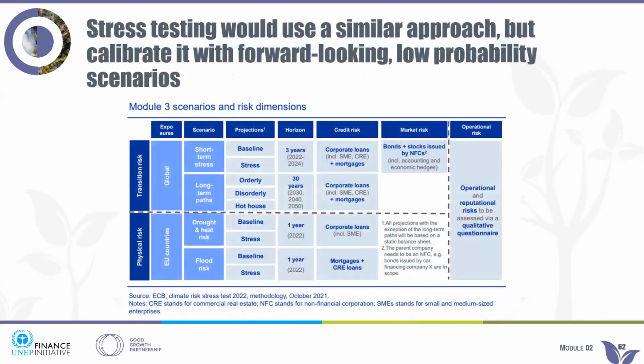So finally, a few words on the application of the simulation model to stress test requirements. A stress test will normally follow a similar method to the one I have just presented, with one major modification. Rather than using historical data, it will rely on forward-looking projections for the calibration of the different risk factors.